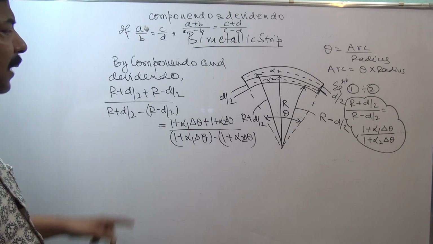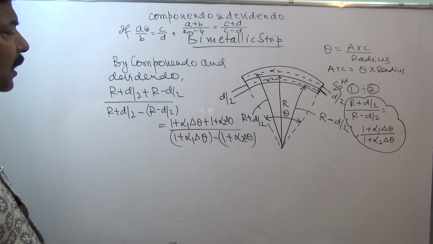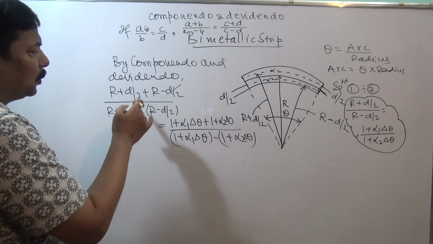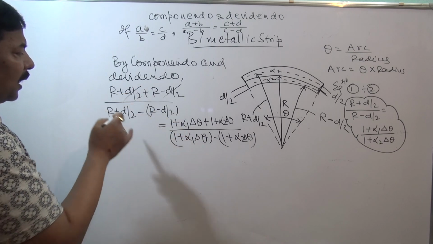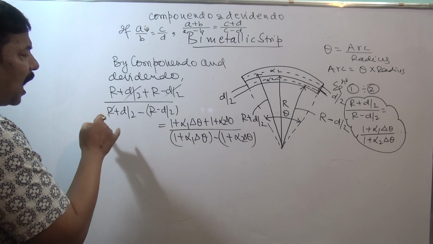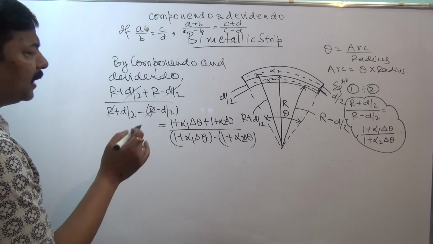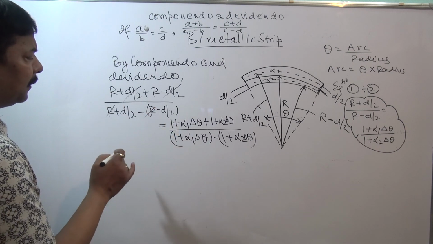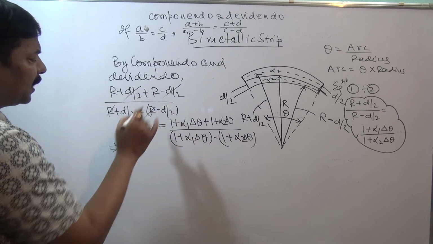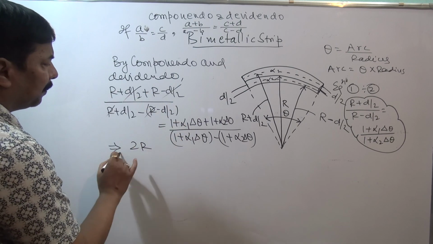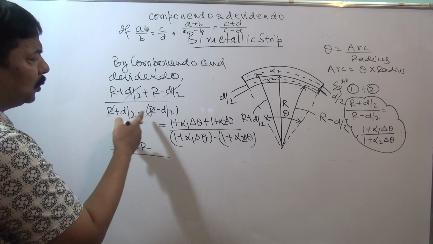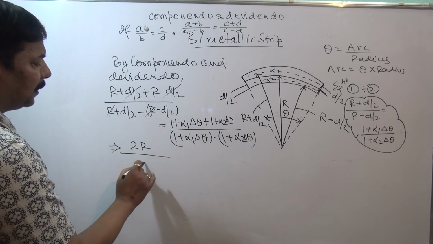Now when we have applied componendo and dividendo, see, something will cancel. This d by 2 will cancel. Here if we remove the bracket, r will cancel, and this will become plus. So what are we finally getting? We are getting r plus r, 2r, by d by 2 plus d by 2, that will become d.